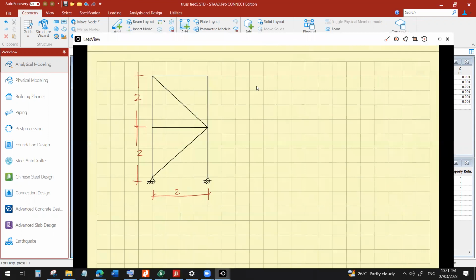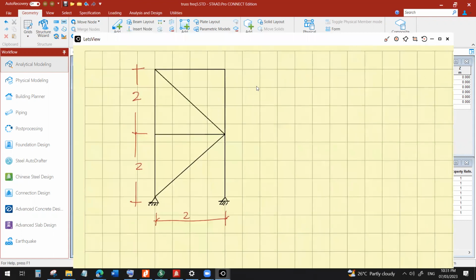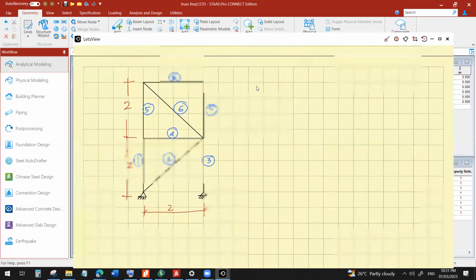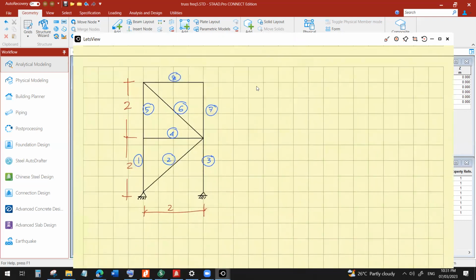Now let's designate ano, member numbering. No? Say this is member 1, member 2, member 3, member 4, number 5, 6, 7, 8. Okay. Then degree of freedom numbers.